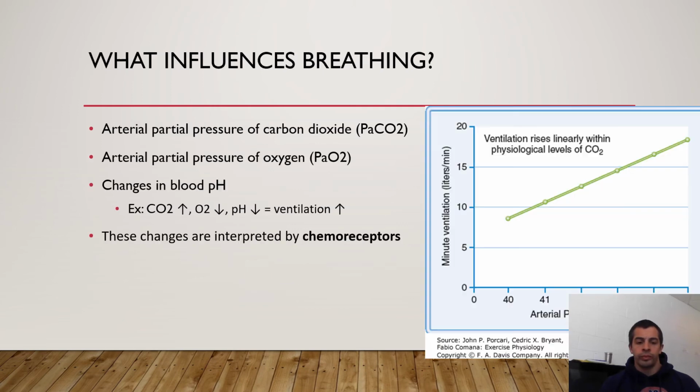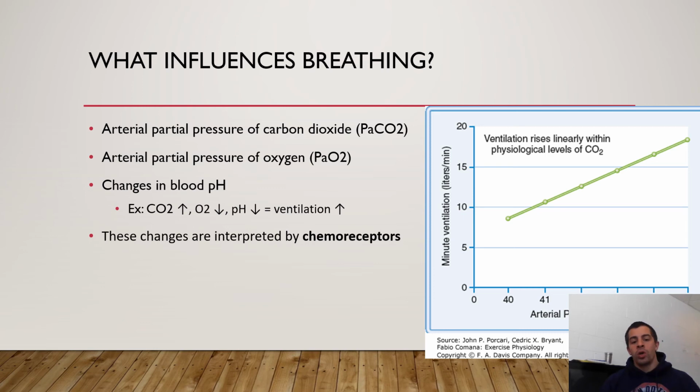So, what factors influence breathing? Well, the pressure in our arteries is actually going to be one of the main factors that influences our breathing. So we have two things: the arterial partial pressure of carbon dioxide and the partial pressure of oxygen.